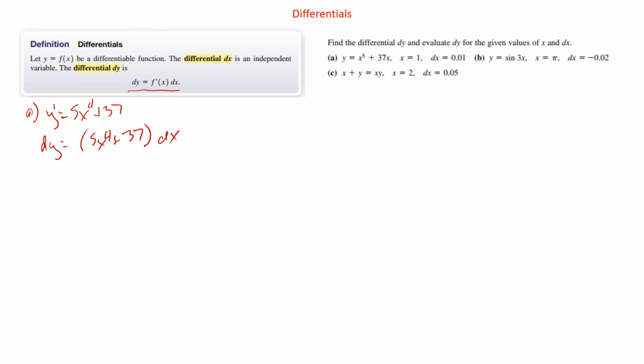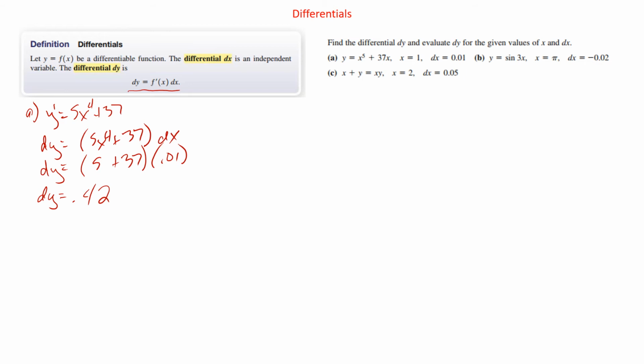And now we can plug in 1 for x and 0.01 for dx. So if we plug in 1 for x, we get 5 times 1 plus 37 times 0.01. 5 plus 37 is going to be 42 times 0.01 means that dy is 0.42. So when x equals 1 and we move over by 0.01, y is going to increase by about 0.42.